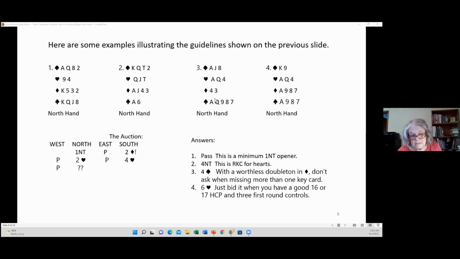Then I'm going to go ahead and bid 4 no trump. Can you construct a 20-point hand opposite a 13-point hand that doesn't have at least 1 diamond control in it?